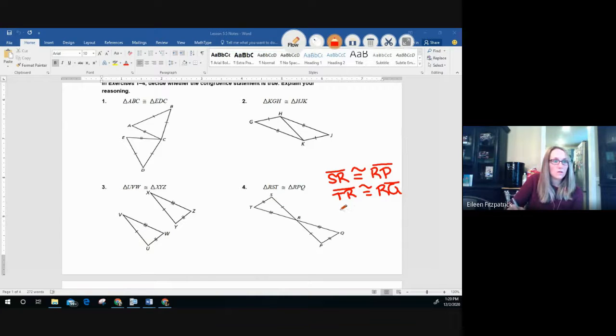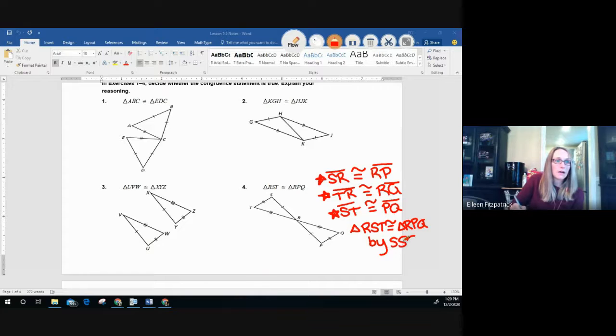I have that ST is congruent to PQ. So I have my 3 stars, and they're all statements about the 3 sides. So I know that triangle RST is congruent to triangle RPQ by side, side, side.